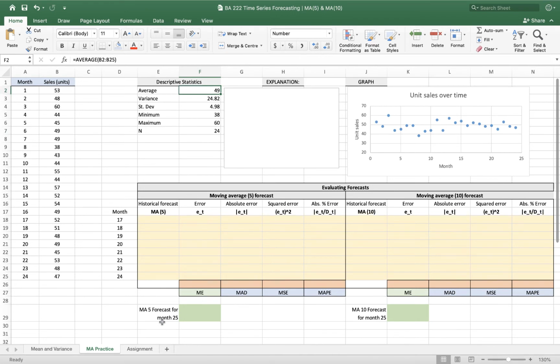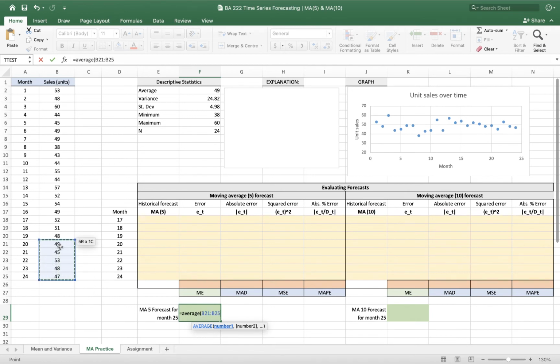We're going to compare a moving average forecast using an MA5 to an MA10. With an MA5 forecast, moving average 5, we come up with next month's forecast by averaging the previous 5 months of values. So my forecast for month 25 is going to be the average of months 20 through 24.